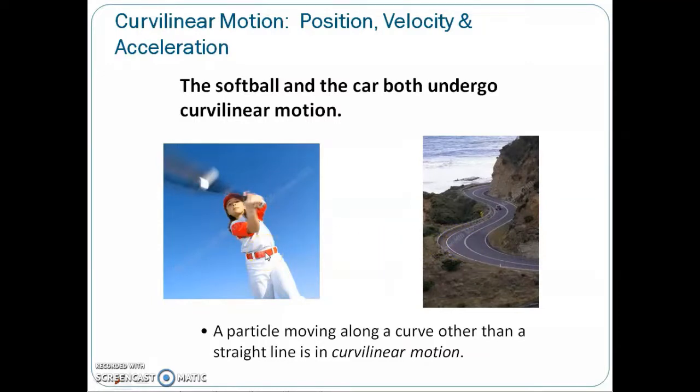Here we want to determine the geometry of the motions, or the kinematics of the motions, in terms of position, velocity, and acceleration when the bat hits the softball, or how the car is moving along this curved pathway.